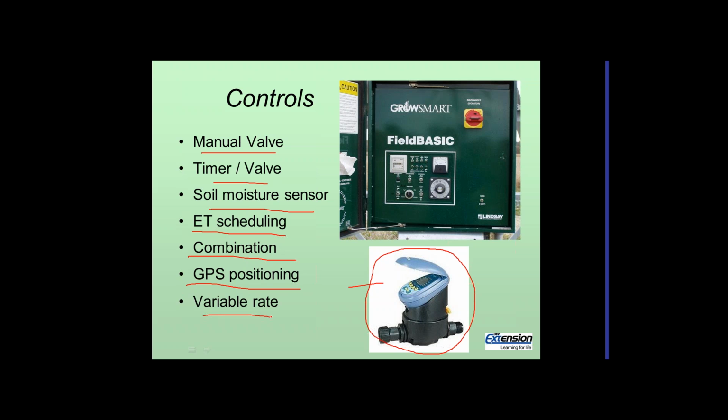Typically where variable rate application works the best is going to be where you have lots of variation in the soil types. Here in Wisconsin, we typically irrigate sand soils, so we may have a couple different types of sand in that field, but typically the water holding capacity is pretty darn close between them, so we're not going to necessarily gain a lot out of variable rate.